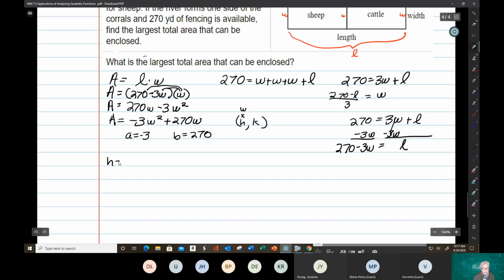So H is going to equal negative B over 2A equals negative 270 over 2 times -3 equals, oh, I don't like this, negative 270 over -6.